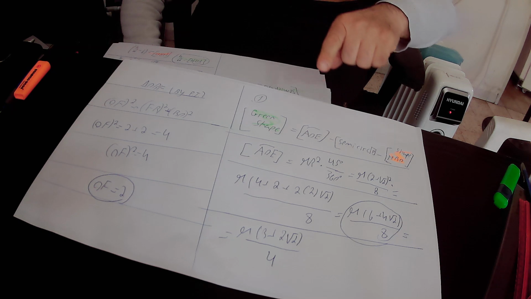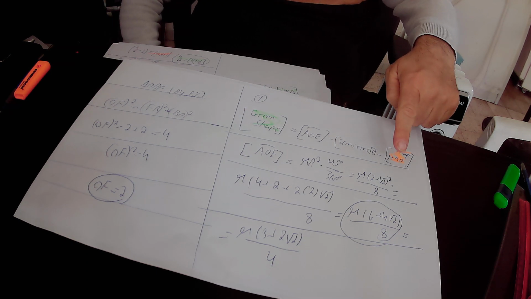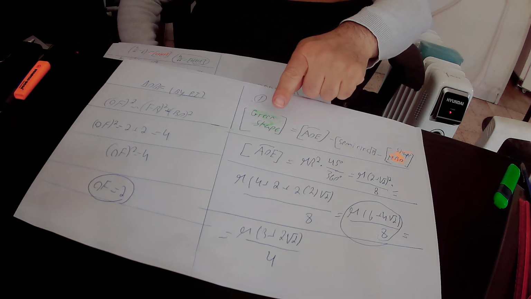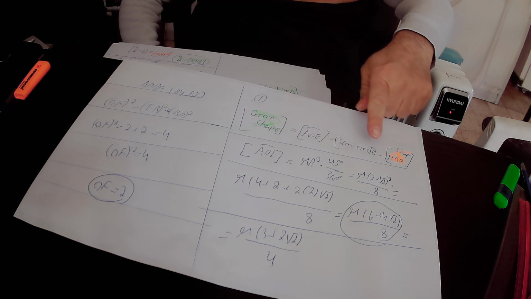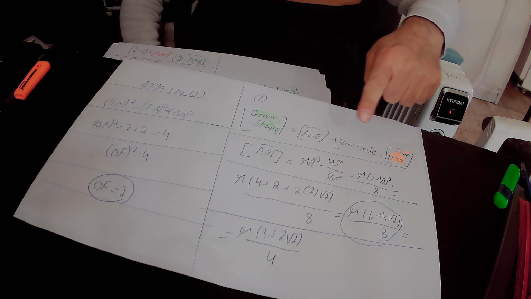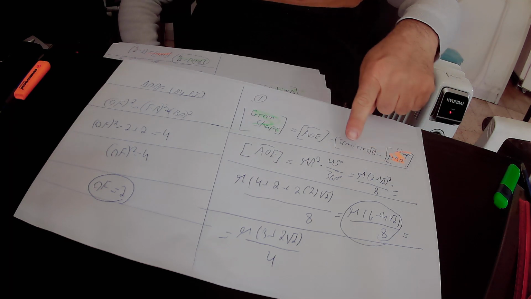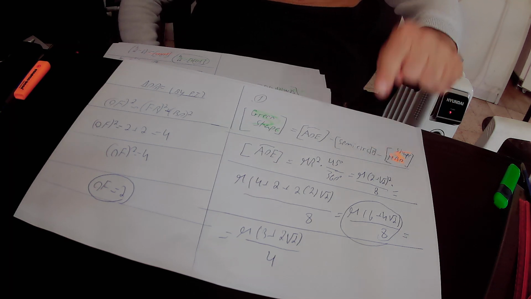We have already found out that capital R equals 2 plus square root of 2. Therefore, capital R squared equals (2 plus square root of 2) squared. So the area of the big sector AOE equals pi times (2 plus square root of 2) squared, times 45 over 360, which is 1 over 8, so we have to divide by 8.